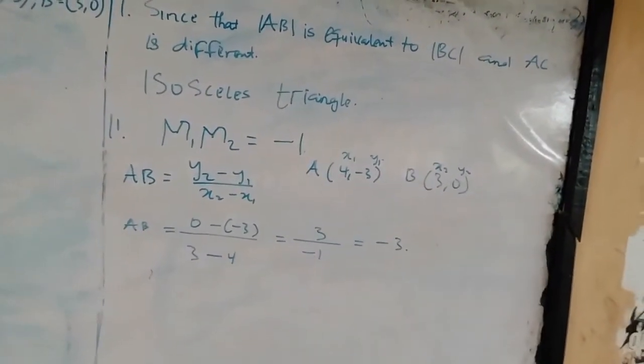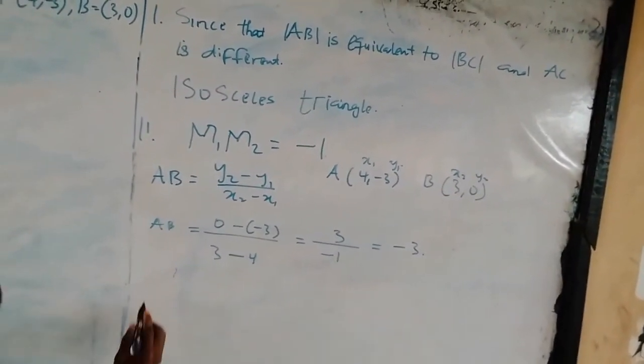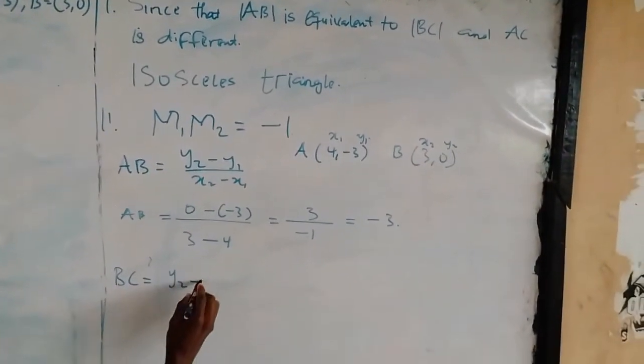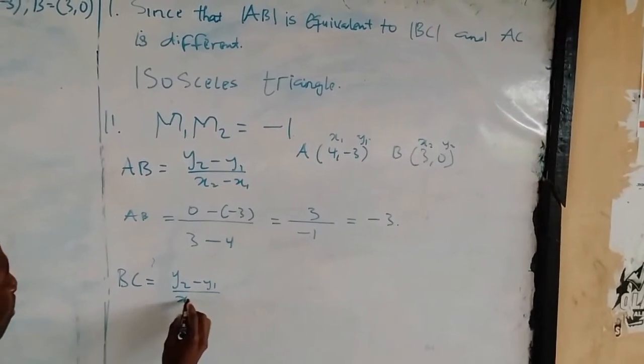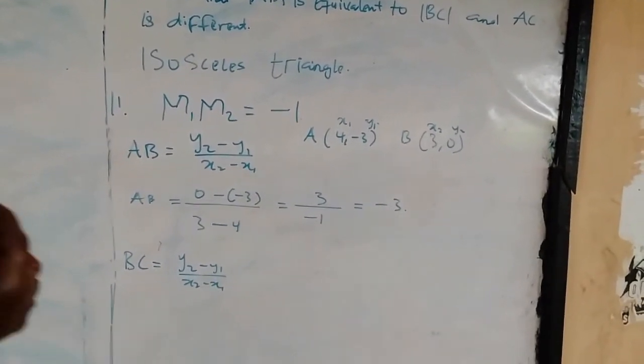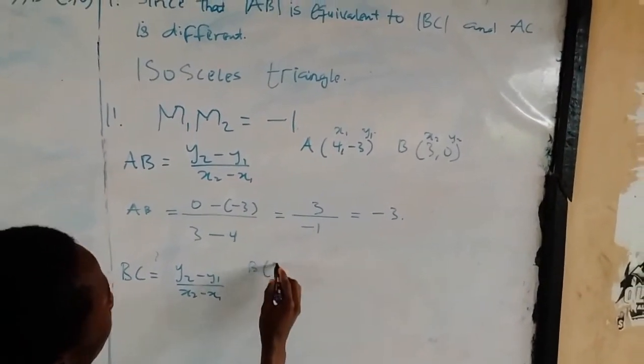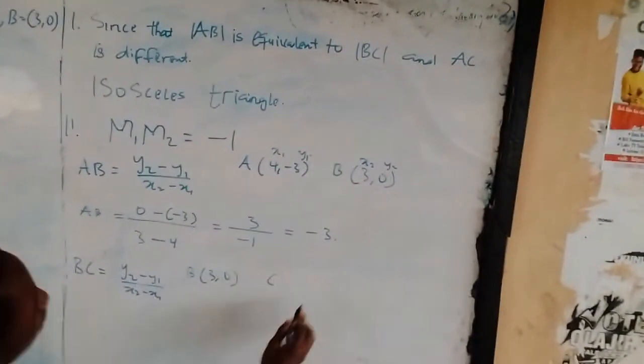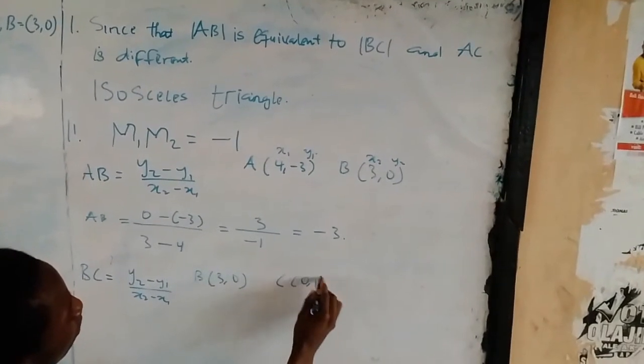Then you do the same thing for BC. Apply the same formula: y2 minus y1 all over x2 minus x1. Our B is 3, 0, while our C is 0, 1.